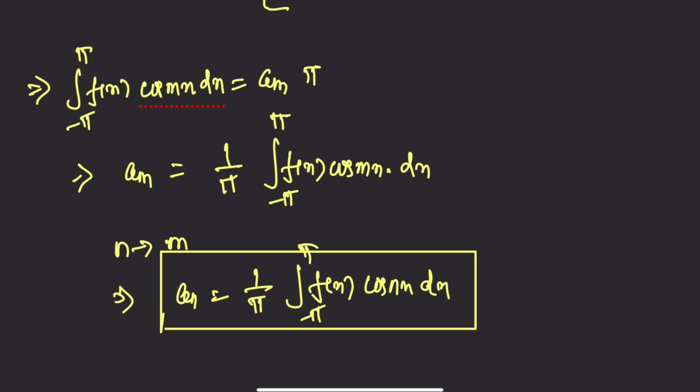Okay, next is b_n. In order to evaluate b_n, multiply equation 1 by sin mx and integrate both sides term by term from minus pi to pi.